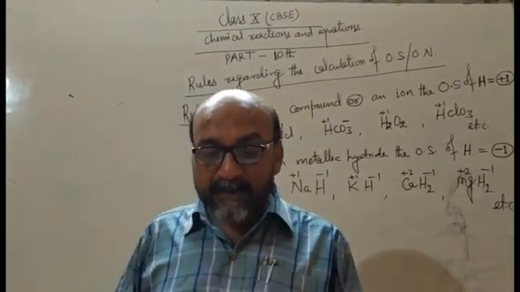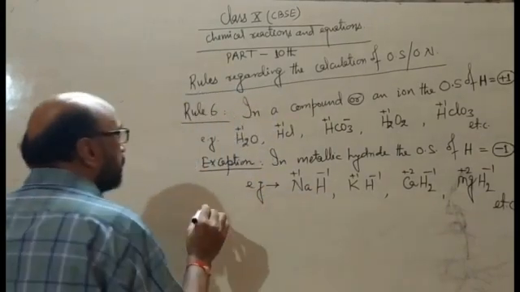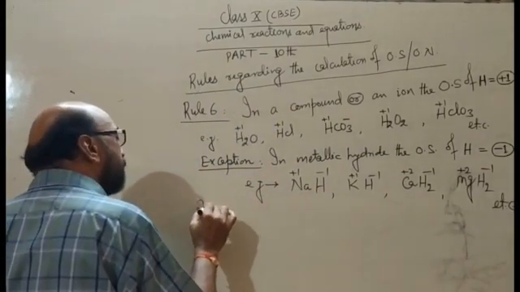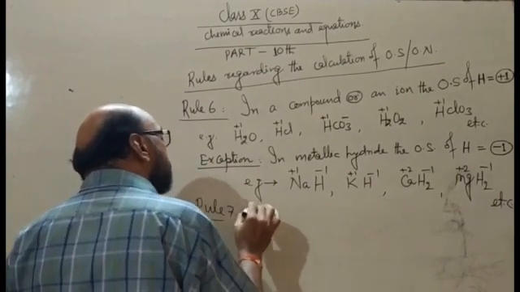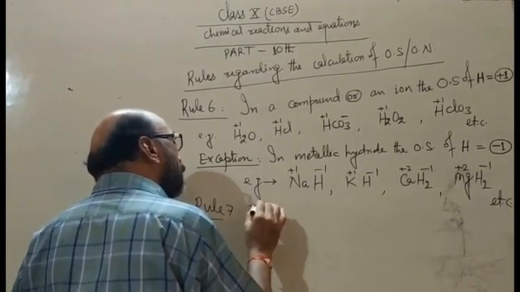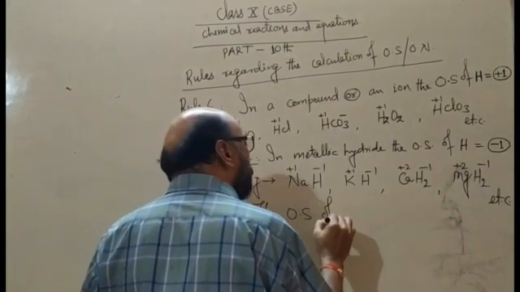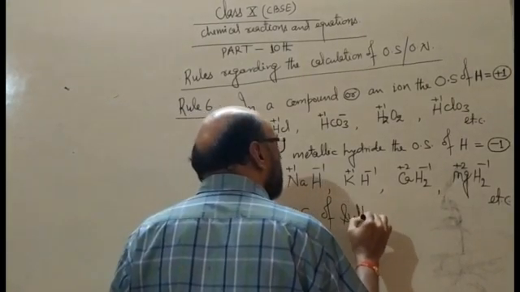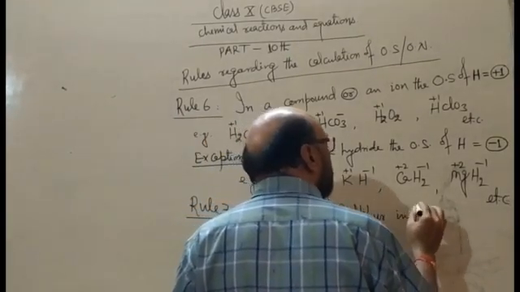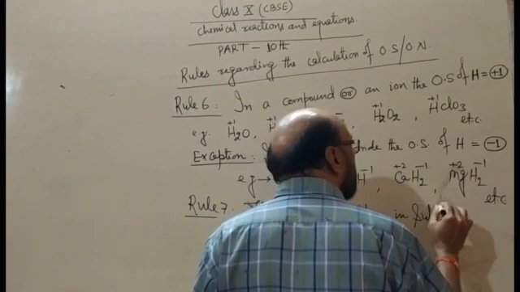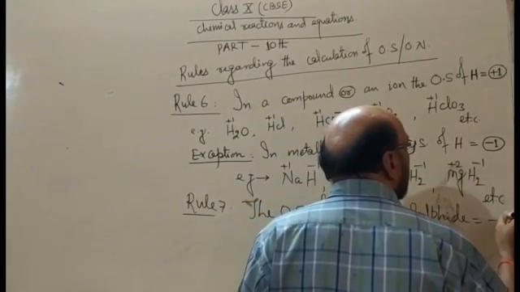The oxidation state of sulfur in sulfide. The 7th rule we shall write: the oxidation state of sulfur in sulfide is equal to -2.